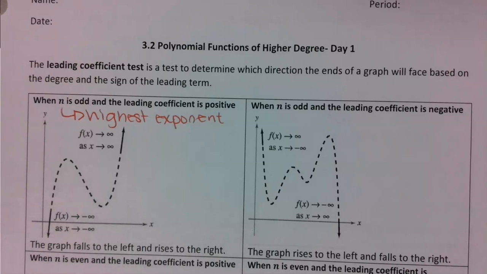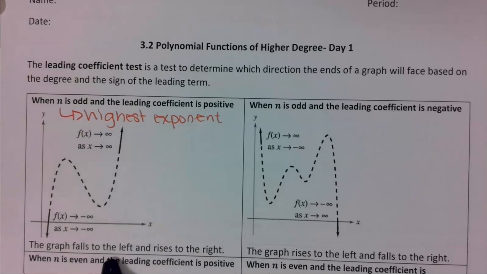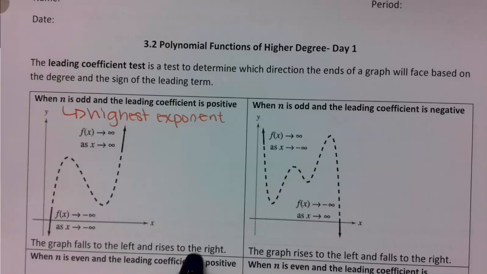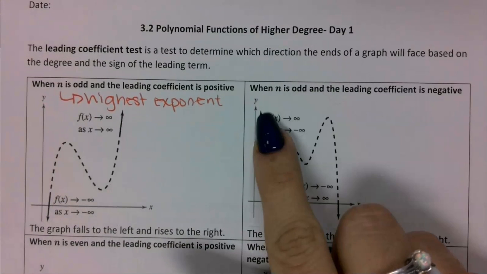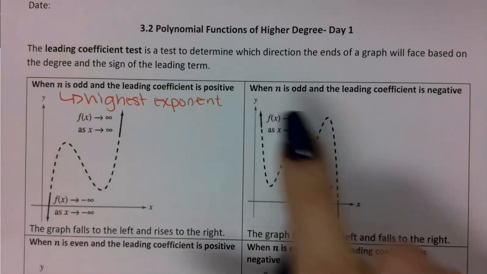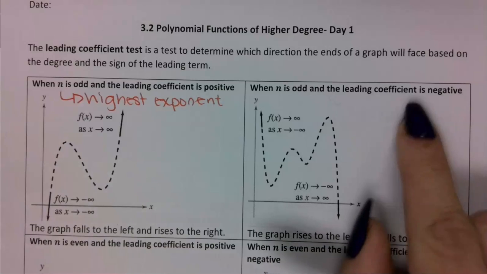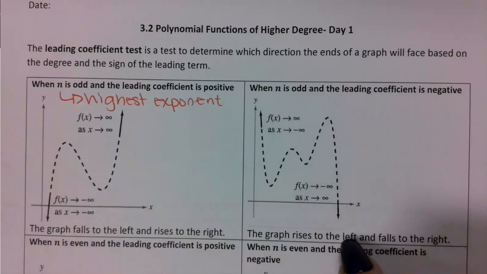So this first one is when my highest exponent is odd and the leading coefficient is positive. It falls to the left and rises to the right. When my exponent is odd and the leading coefficient is negative, it rises to the left and falls to the right.